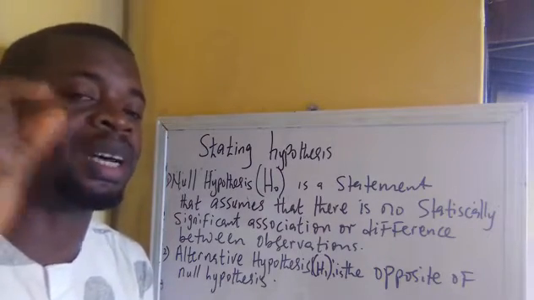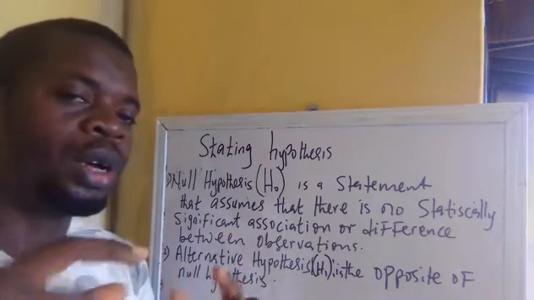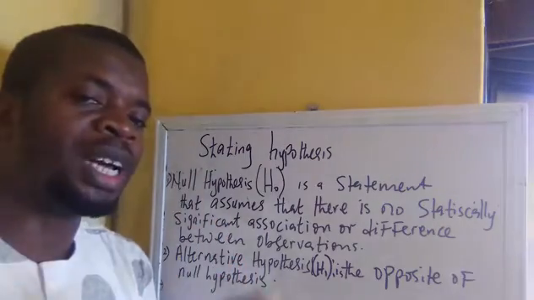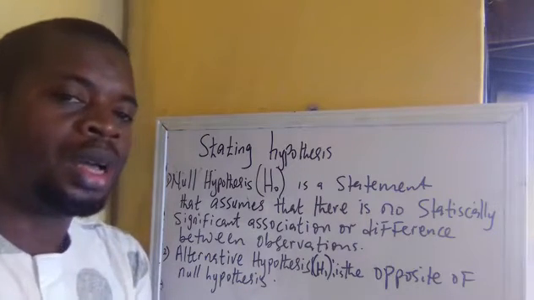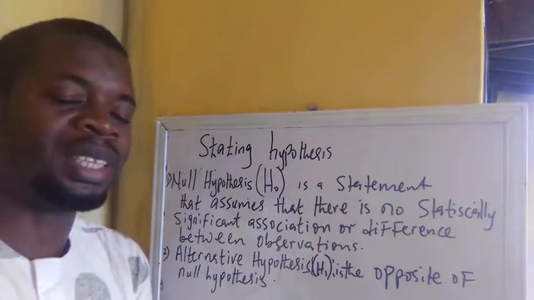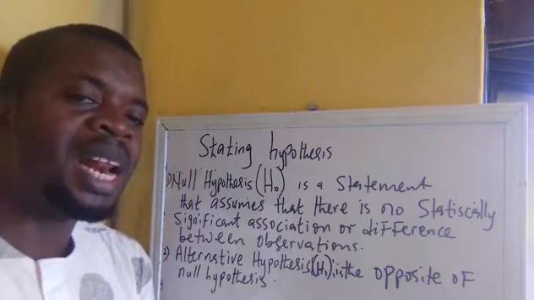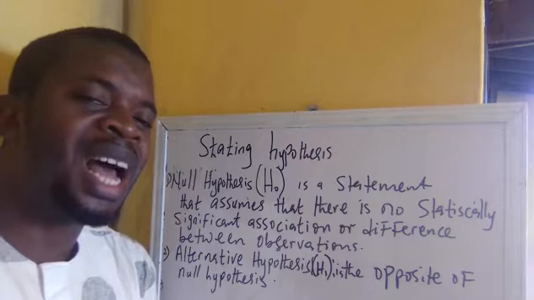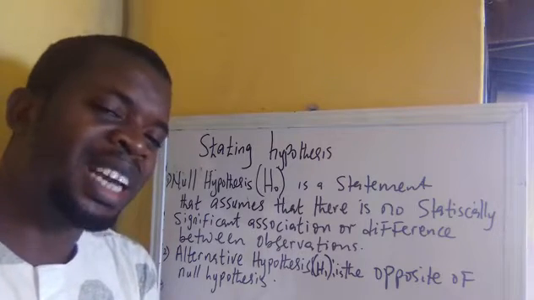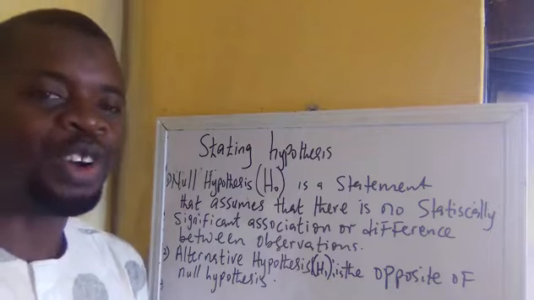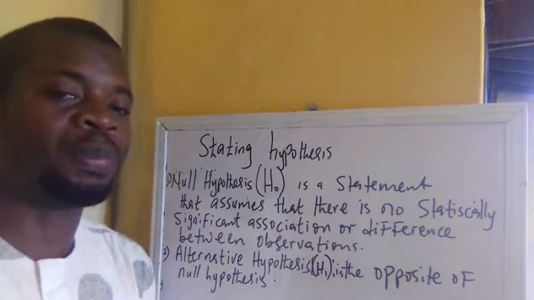The null of "male and female students differ in academic performance" is going to be: male and female students are not different in academic achievements. Don't forget, the statement purely is that male and female students differ in academic performance.